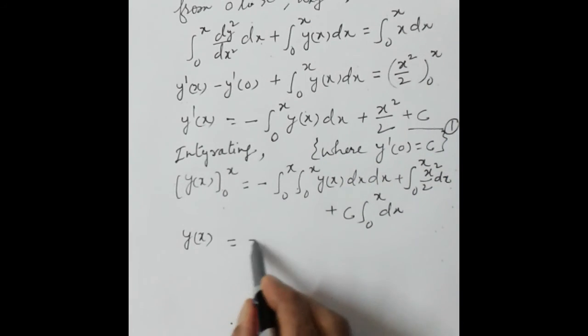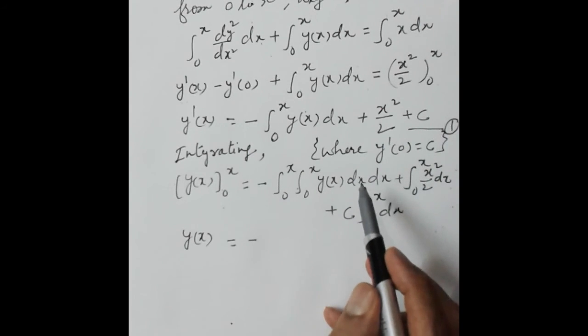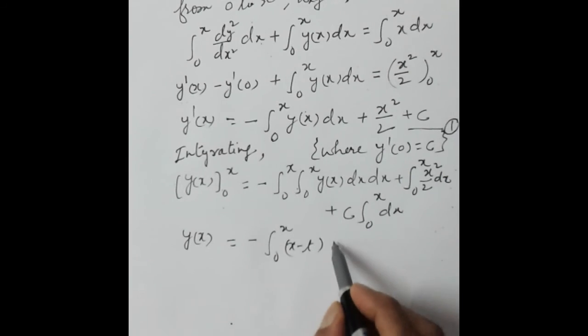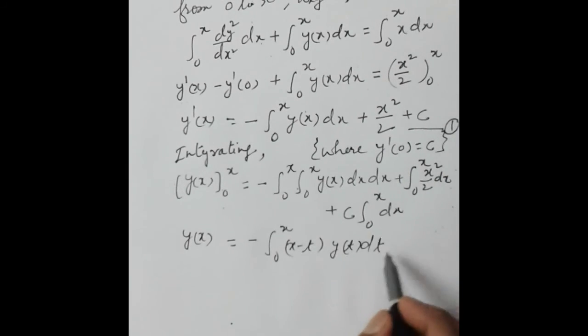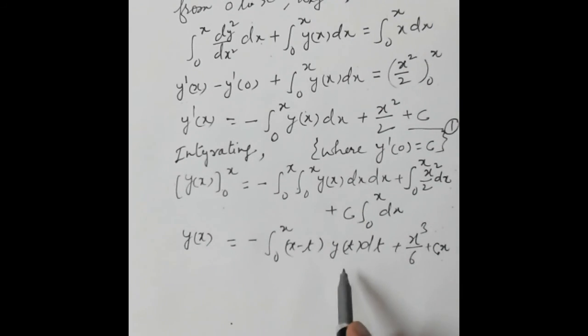This is equal to minus, this double integral can be converted into a single integral, the integral from 0 to x of (x - t) y(t) dt, plus x³/6 plus cx. This equation is denoted by 2.